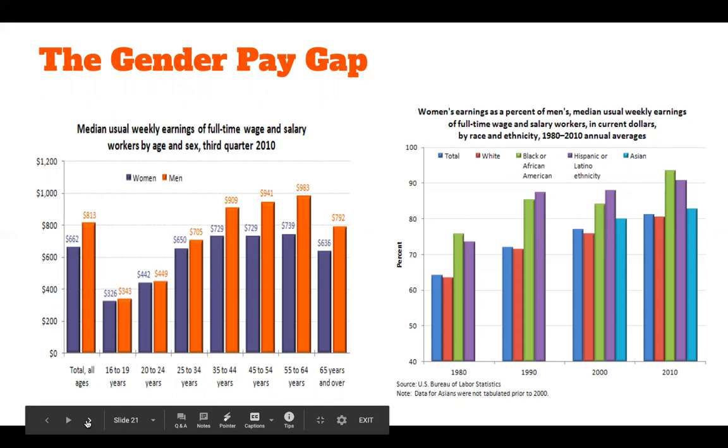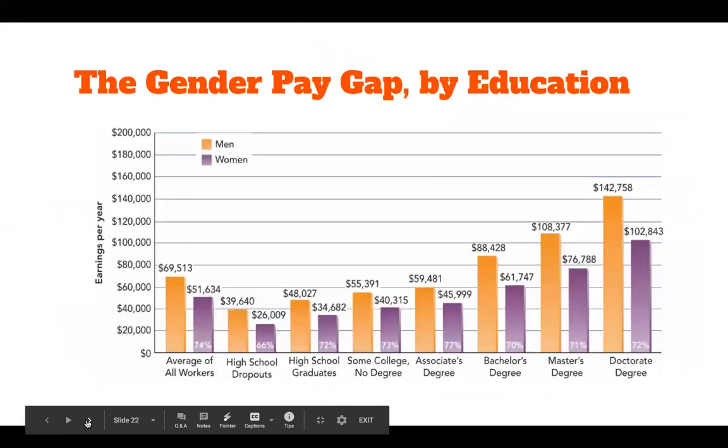Is this because of practices related to promotions and salary negotiations? And the answer is it's a little bit of all of those things. But the key takeaway is even as women have become more educated, and even as they have narrowed the wage gap, they have not been able to make it totally go away. And that's true at every single educational level.